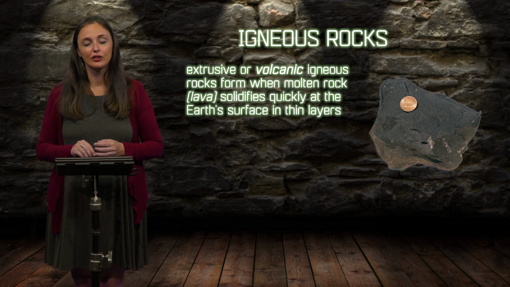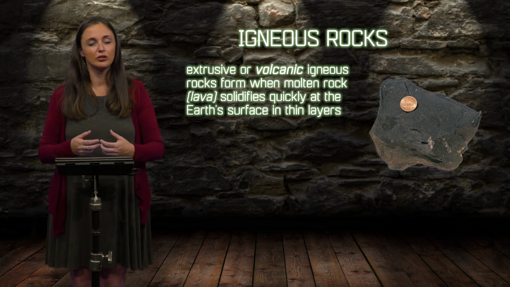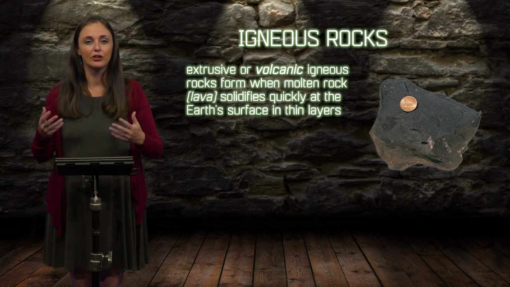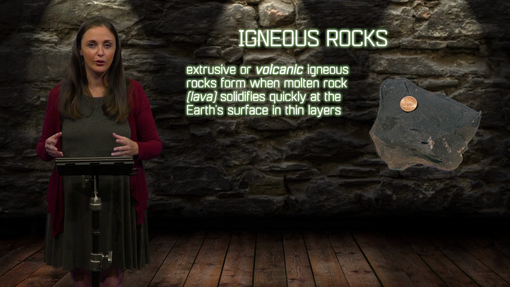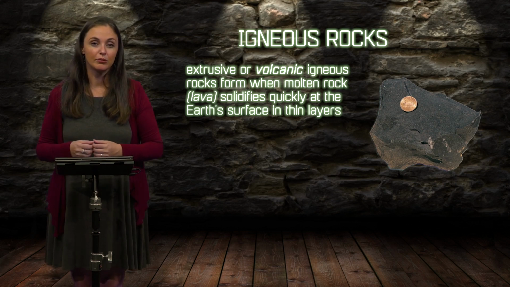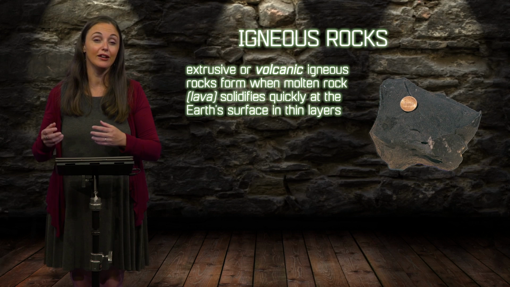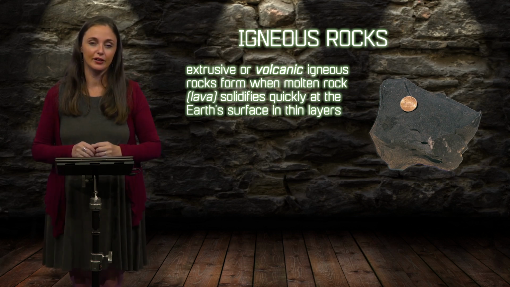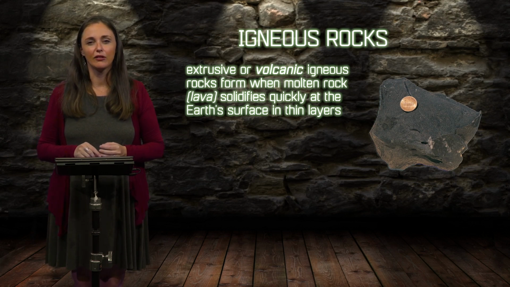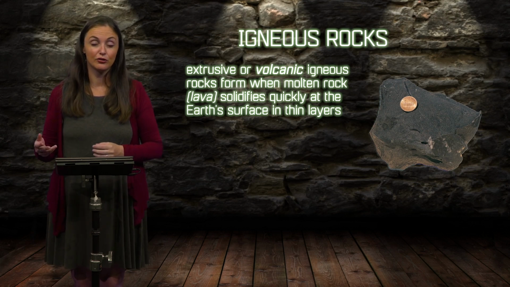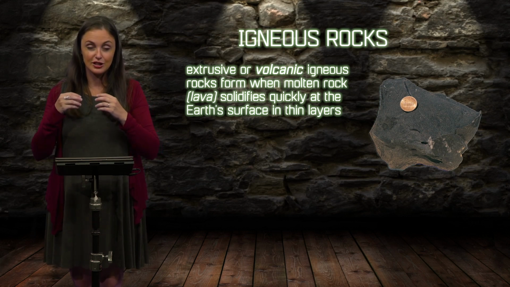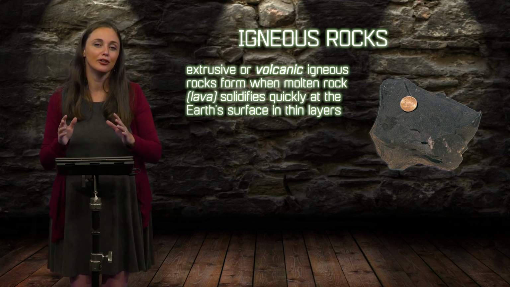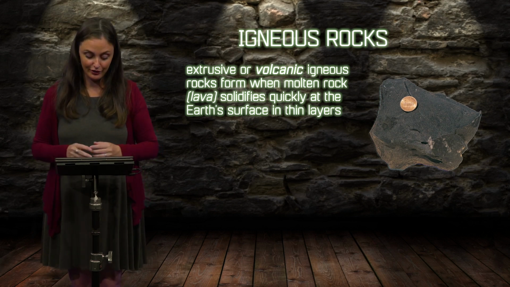So when you're taking this rock from its source, where temperatures might be, again, in excess of 1,000 degrees Fahrenheit, and putting it out onto the Earth's surface, where temperatures are going to be far, far lower, or even on the bottom of the ocean at the seafloor, where temperatures are going to be even lower, that rock basically is going to cool almost instantaneously. Where you would usually have thousands, if not millions of years for the rock to cool and crystallize, the crystallization takes place over seconds to minutes to maybe as long as hours, but usually not even that long.